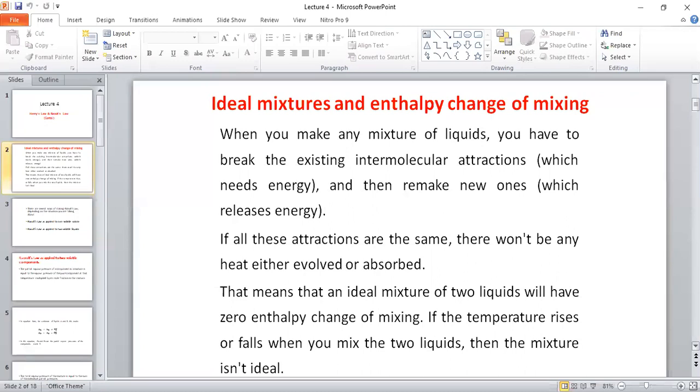Then you will have zero enthalpy change of mixing, that is, no heat evolved, no heat absorbed. So if the temperature rises or falls when you mix the two liquids, then the mixture is no longer ideal. That means heat is absorbed or evolved. It means the forces of attraction are no longer the same, and so that makes the liquid mixture not an ideal one.